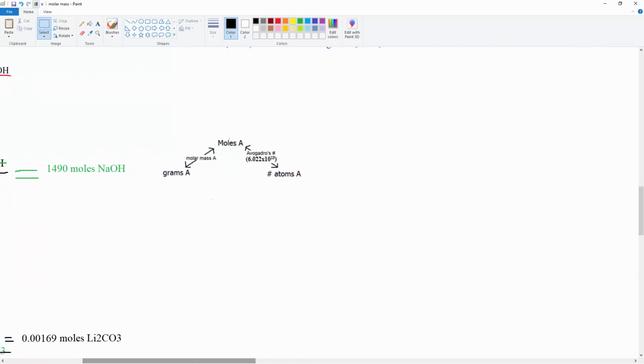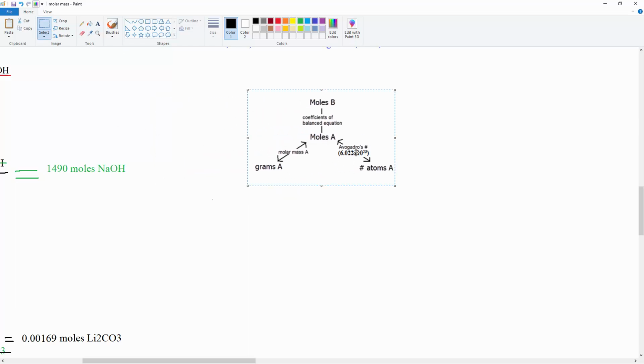And essentially, what I'm going to do here is take this little piece that helps me know what to use. I'm starting at moles, and I'm going to add another little piece. And that is, if I want to go from moles of one thing to moles of anything else, A being one thing and B being something else, I just use the coefficients of the balanced equation.